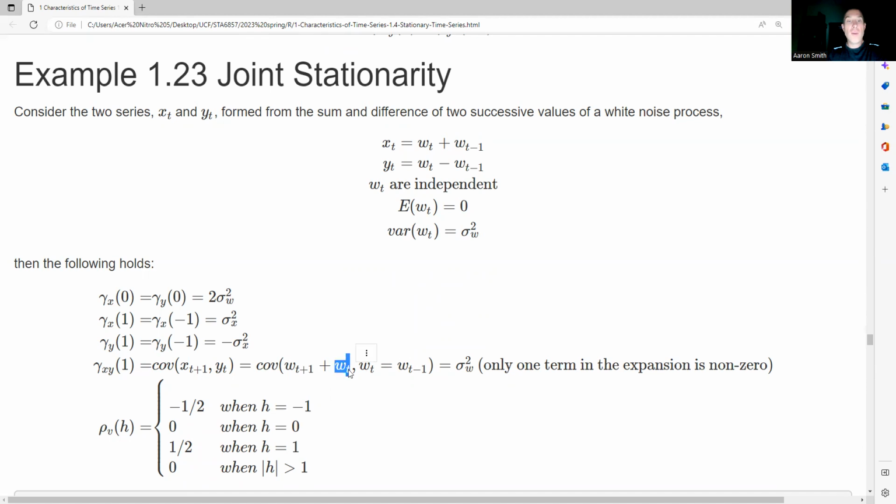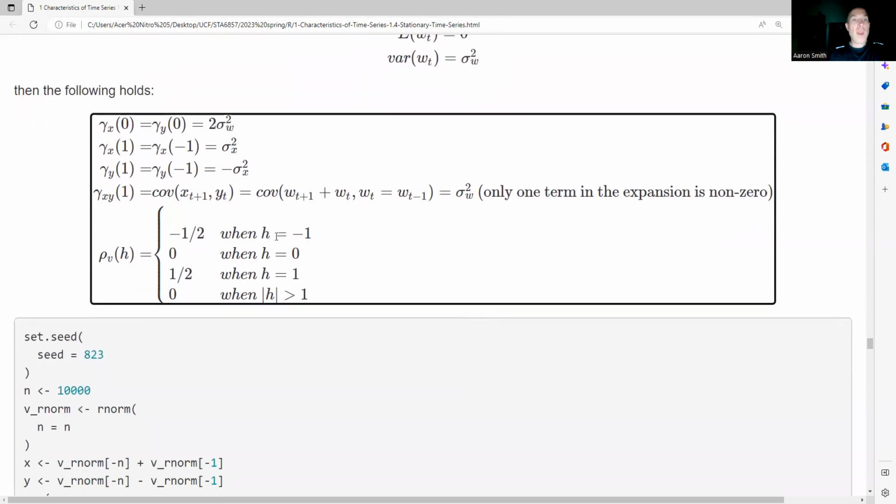This t, when it goes with the covariance of this one, will have a non-zero term, and this term will give us a 0 in the expansion. So there's only one non-zero term, and that will ultimately give us sigma squared. And if we tinker with this just a little bit, I can get the correlation pretty easily.